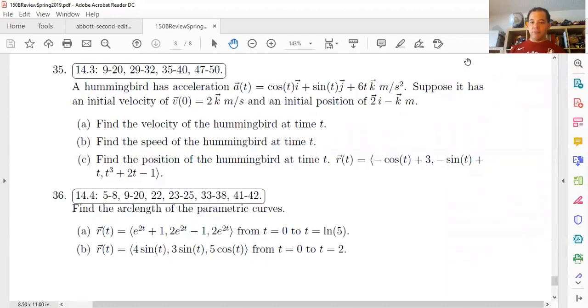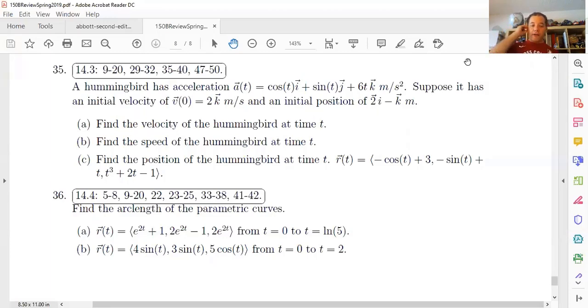Suppose it has an initial velocity v0 of 2k, in meters per second, and an initial position of 2i minus k, in meters.